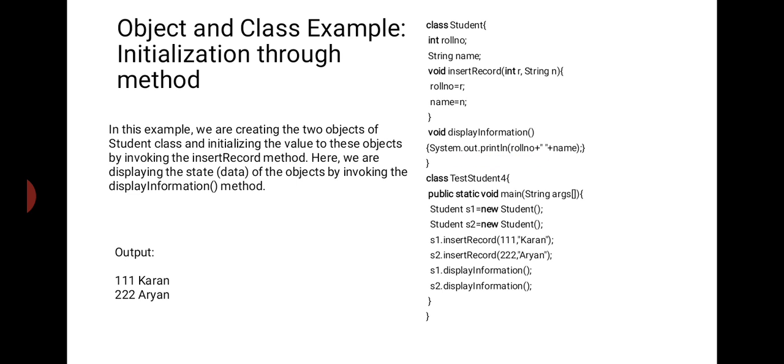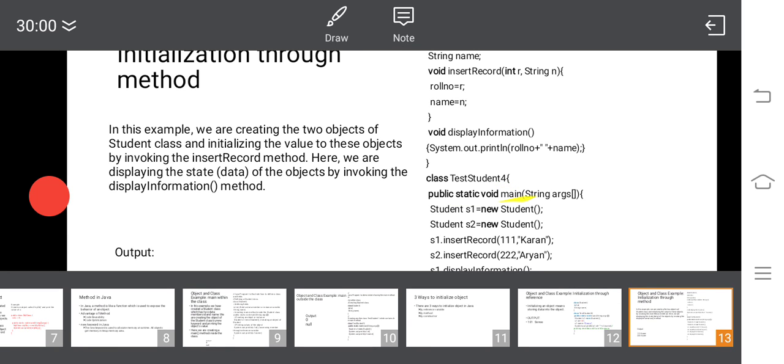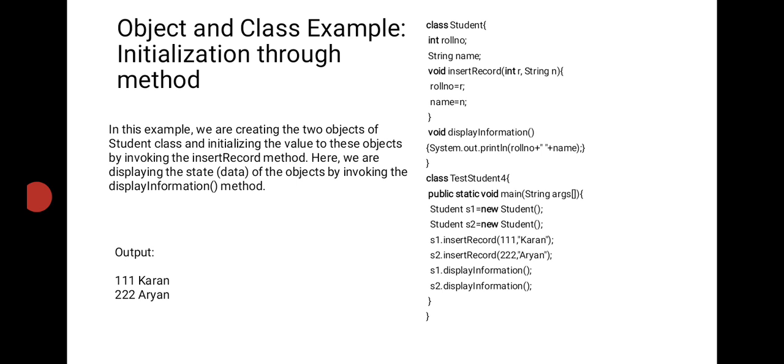Next is my class test student, then my main. Here I have created two objects, s1 and s2. Then I have inserted values each time through one object. So s1 dot insert, s2 dot insert. Here as two objects are created, memory will be allocated two times, once for each object, and values inside the object will be stored in the variables.